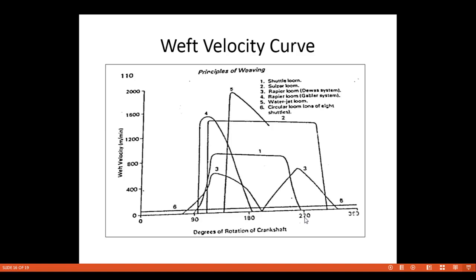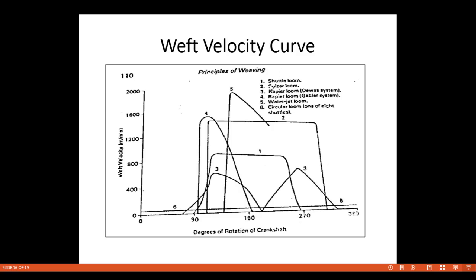This is the degree of rotation of the main crankshaft on the x-axis. And on the y-axis we have shown the velocity of yarn in meters per minute: 400, 800, 1200. So the y-axis is meters per minute. According to the weft insertion system, we have shown the velocity curve diagram.